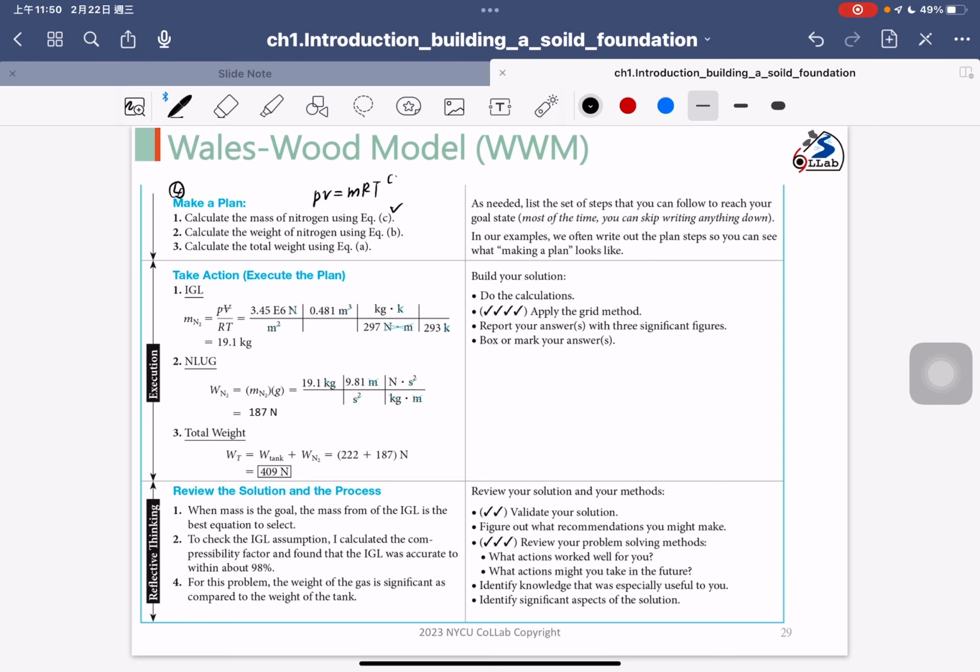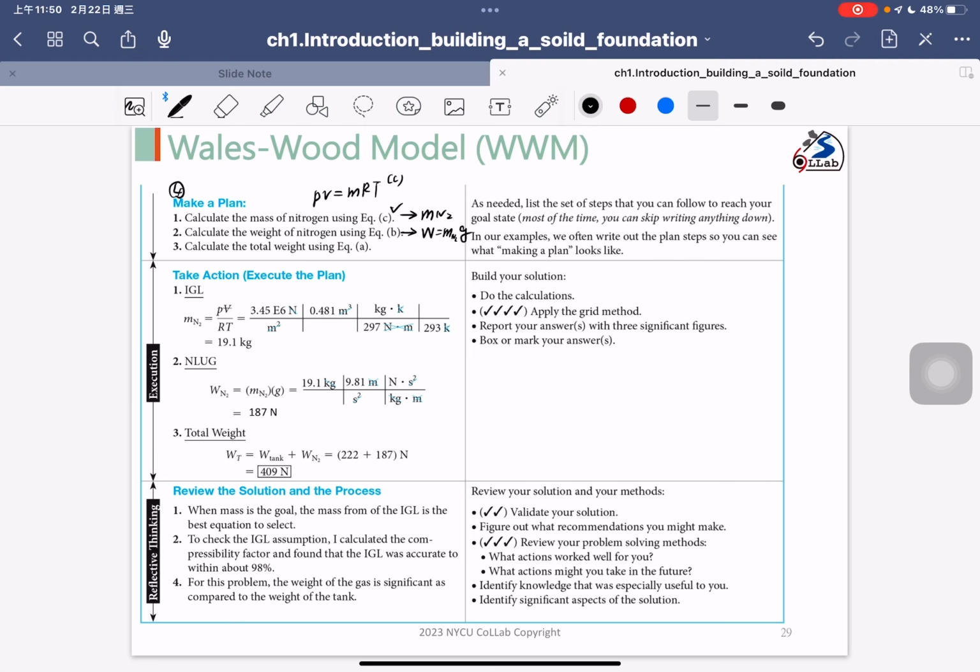Equation C is trying to provide the answer for the mass. And equation B is trying to calculate the weight, so weight will equal n Newton nitrogens multiplied by 1 gravities.